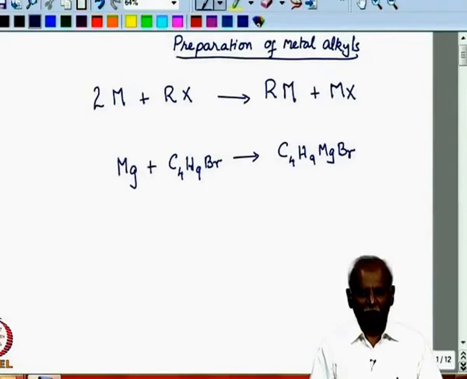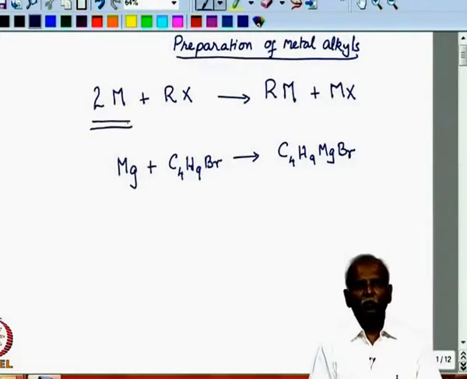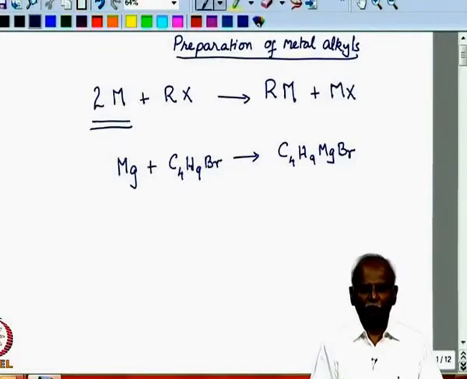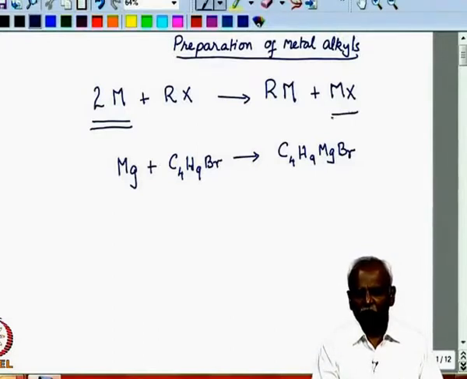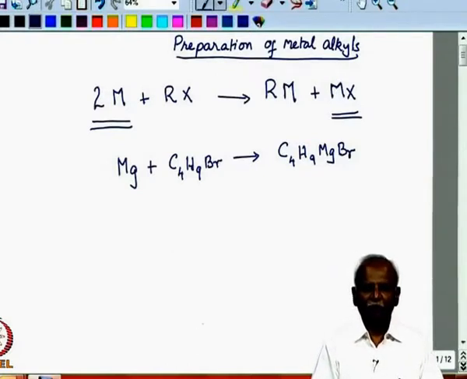The easiest method is to use an organic halide, as I have pictured here, and react it with a metal atom, any metal atom which is reasonably reactive. By reactive, I mean it has to be electropositive enough, so that the MX which is formed has a very stable bond, and the formation of MX actually drives this reaction from the left side to the right side.